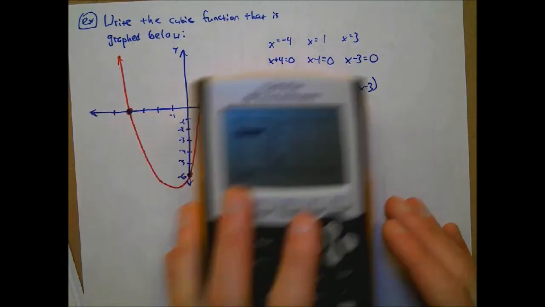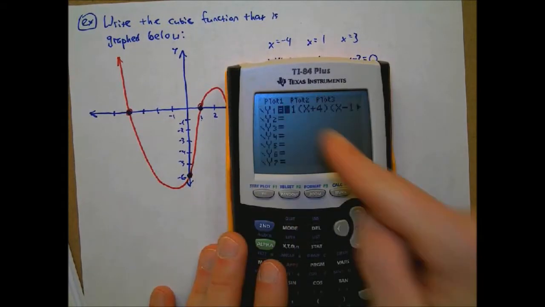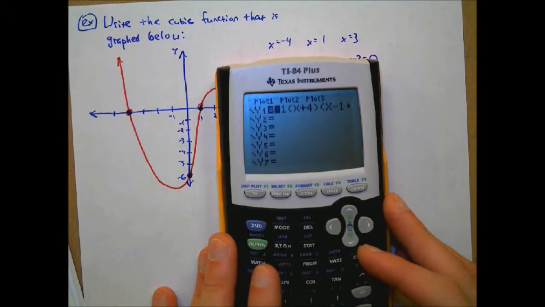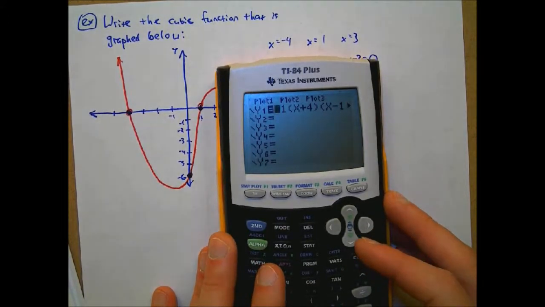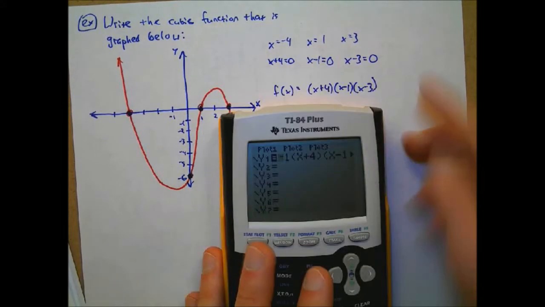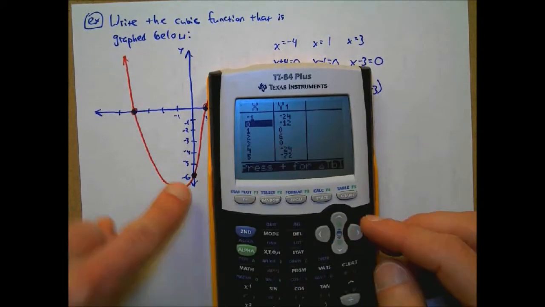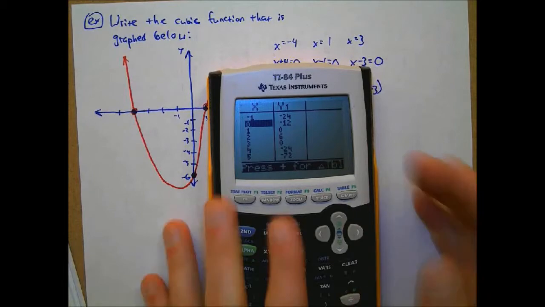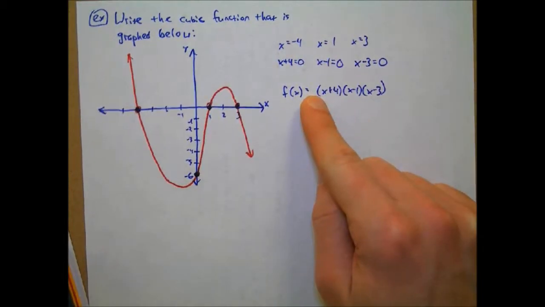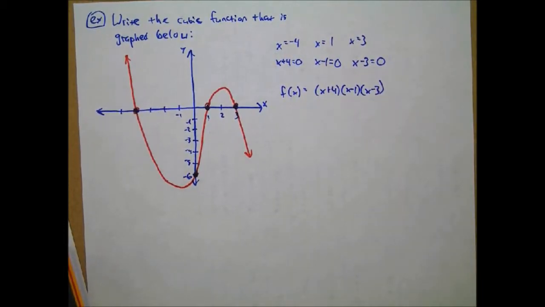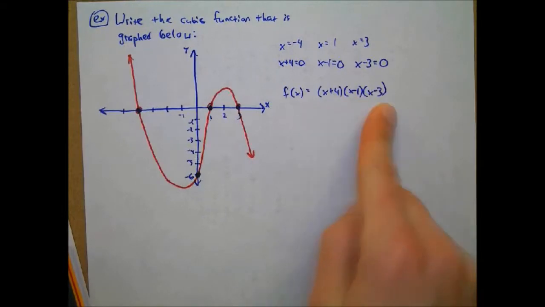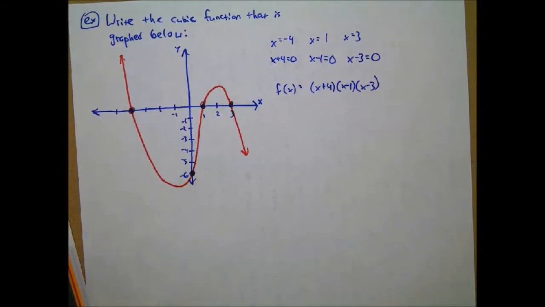So I need more than just a negative 1 in front here. Right now my y-intercept is negative 12, and I want it to be negative 6. Besides just a negative 1, what other number do I need to put in front there?